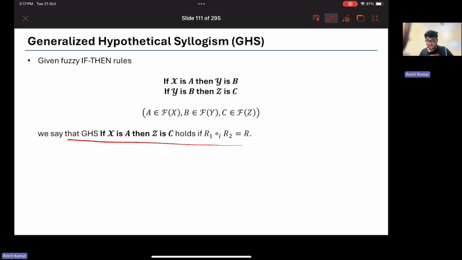Okay, now notice that we have two fuzzy connectives at play here. The first one is a T-norm I, which is used to perform the composition.